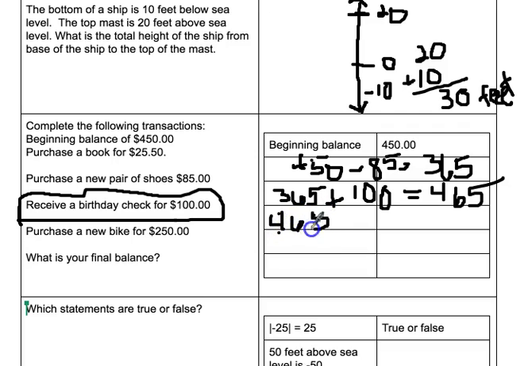My next item is I purchase a bike for $250. So I'm going to subtract $250 from $465. And my balance is $215.